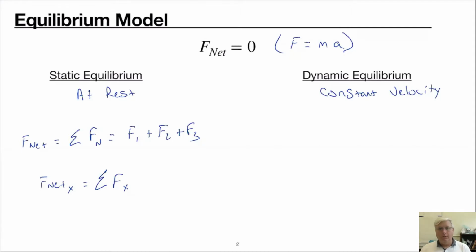And for the equilibrium model, we know that all of the components have to add up to zero. And then the same thing for the y components. We would just add up all the components along the y-axis. And we know in equilibrium they all have to add up to zero.